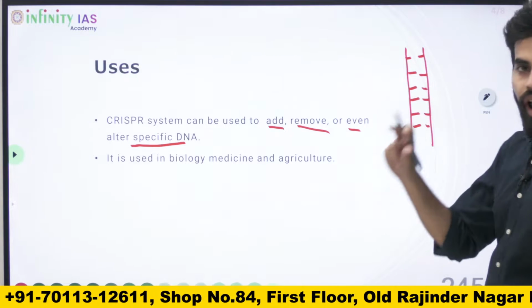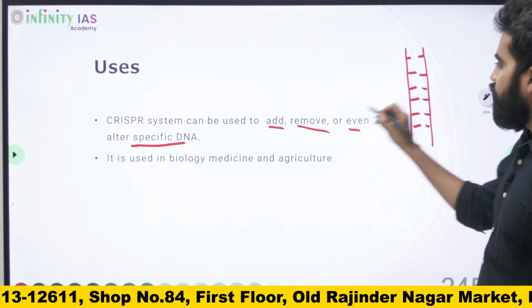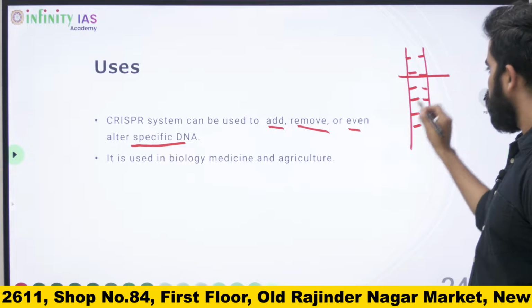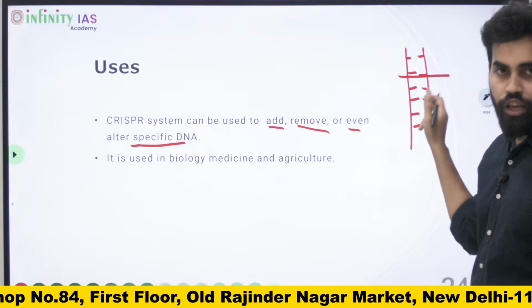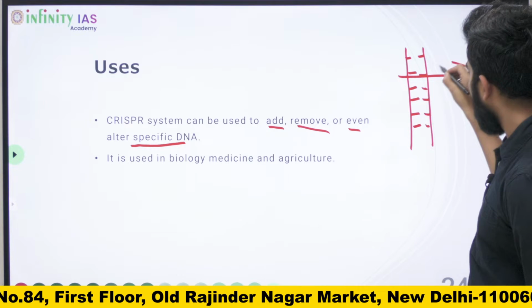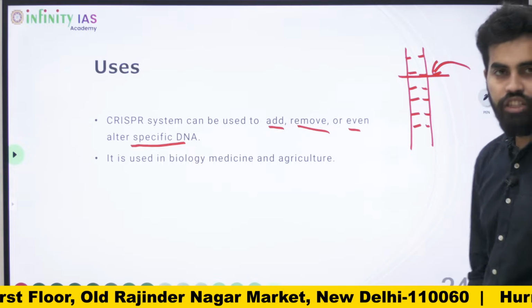So, if we want to add a specific gene into this genome, we can use CRISPR to cut the gene here using the target and the Cas protein. Then we can add whatever gene we want to this specific genome.